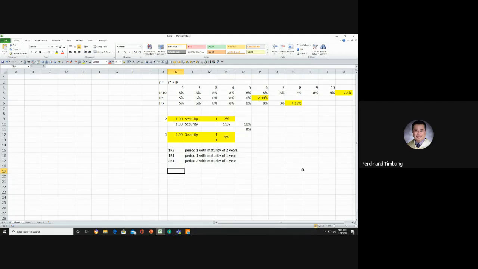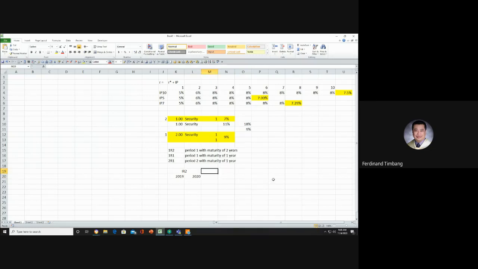So si 1R2, release mo siya ng 2019. Kailan magmamature yan? 2020. Ha? Yan lalabas si 1R2. Release mo ng 2019, magmamature ng 2020.